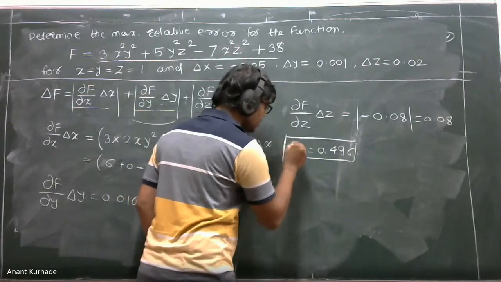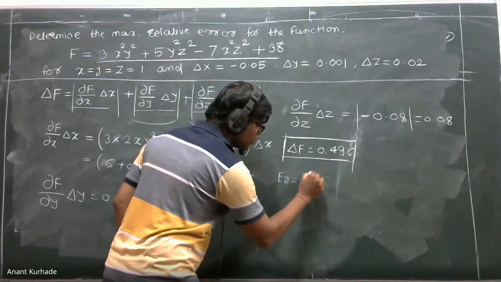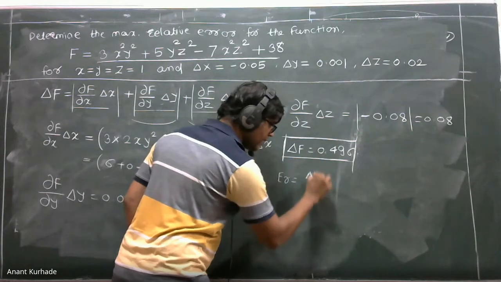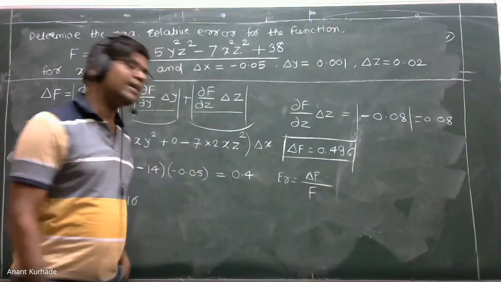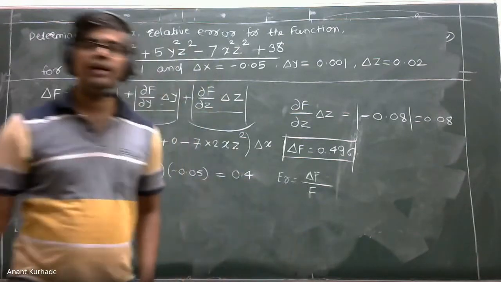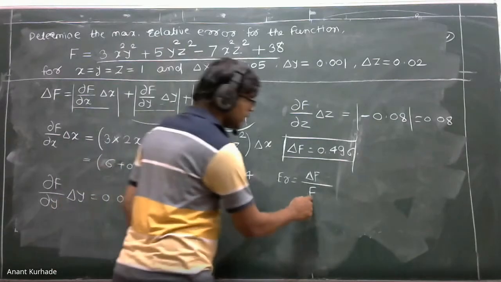What is the formula for relative error? ER is equal to delta f, or EA, divided by the actual value of f. Now calculate the actual value of f. Always put the mod. So what is f?